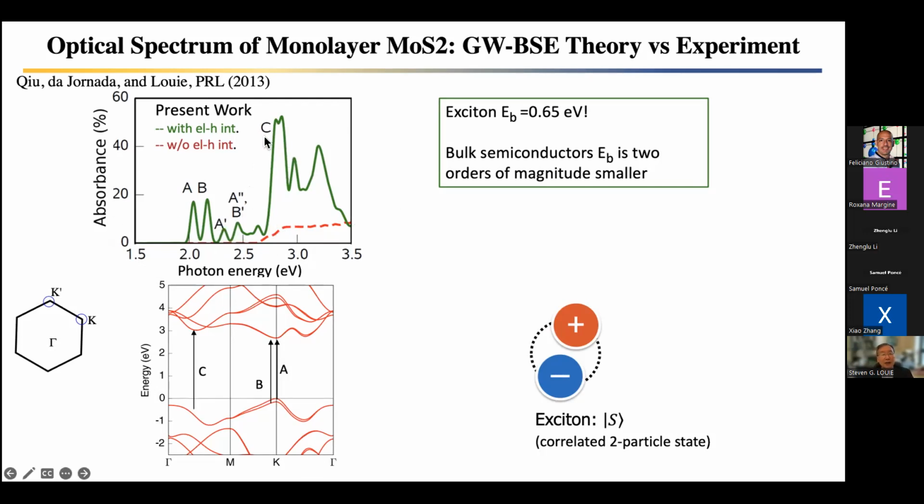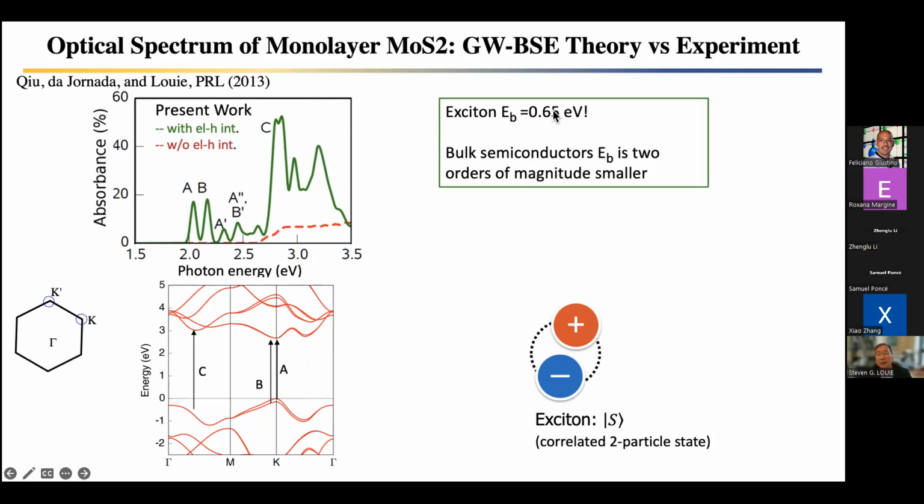And in the case when you include electron-hole interaction, you actually see a series of big peaks inside the band gap corresponding to strongly bound excitons that correspond to each of these interband transitions. And each one of these transitions gives you a series of excited excitonic peaks.